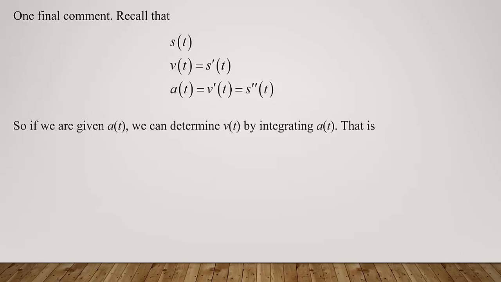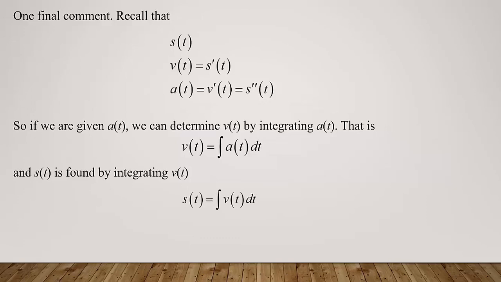So if we're given an acceleration function, we can work backwards. We can determine v of t by integrating a of t. In other words, v of t equals the integral a of t dt. And then we can get s of t, the position function, by integrating v of t. So s of t equals the integral of v of t.